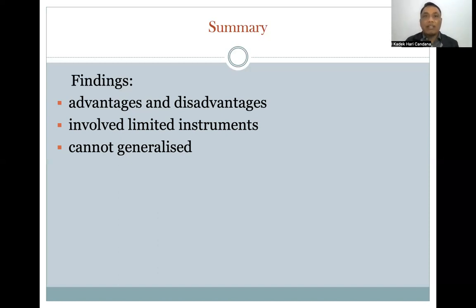As such, they cannot be generalized to other situations. However, it is hoped that the findings and discussion will be of interest to other teachers of Gamelan and contribute to the pedagogy of Gamelan instruction.